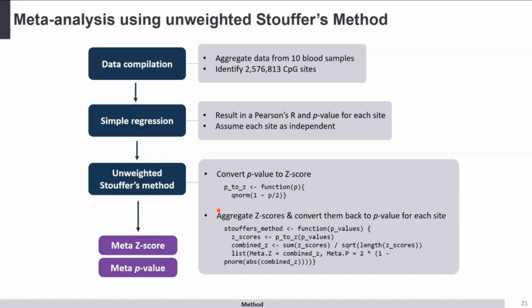In this method, we first convert the p-values to z-scores. Then we aggregate individual z-scores into a combined z-score, and then convert this combined z-score back to a p-value. These are the so-called meta z-score and the meta p-value that we could use to compare across different CpG sites.